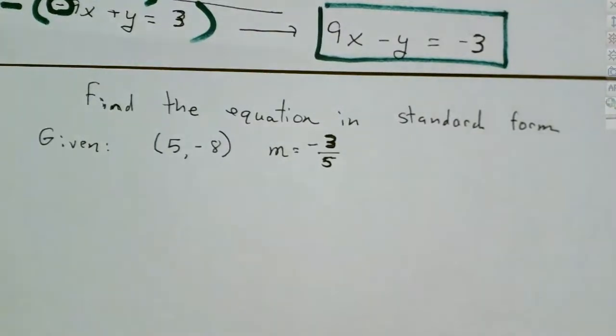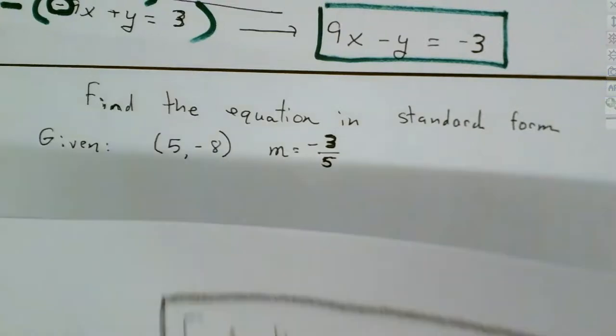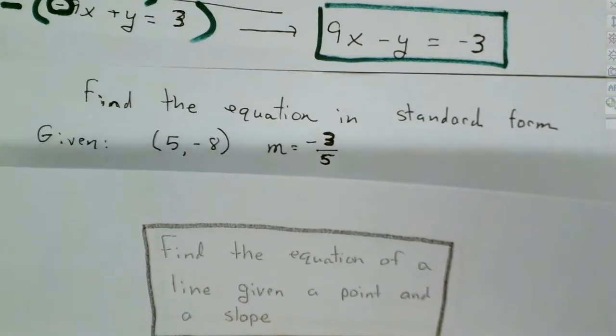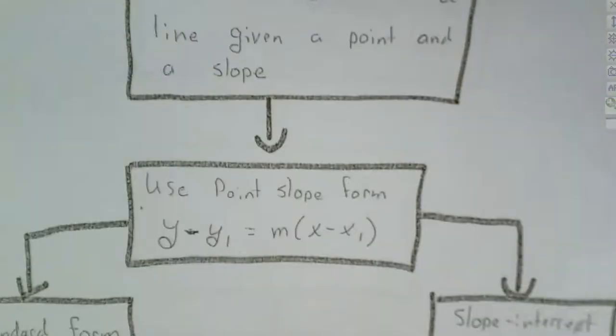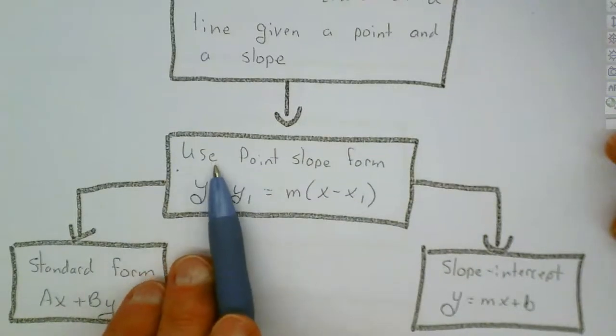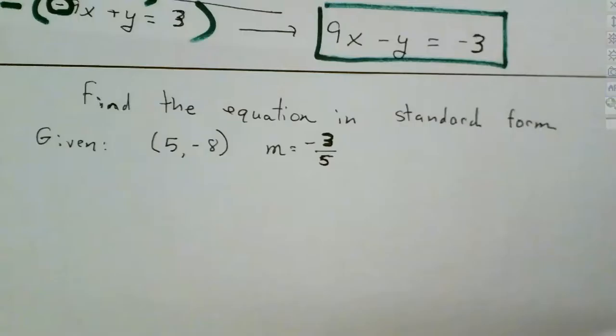Now, what are you given? All right, let's make sure we understand what to do. You are given a point and a slope. So we use this first flowchart. You're given a point and a slope. And so we follow it down. What's the first thing that we have to do? Okay, first thing we encounter is the point-slope formula.